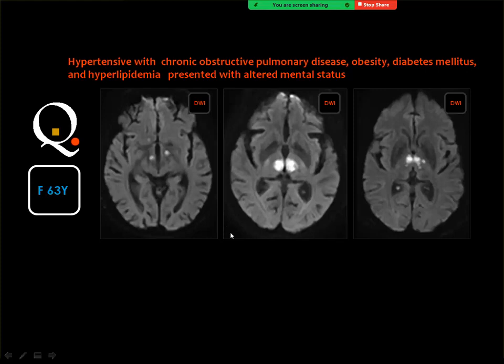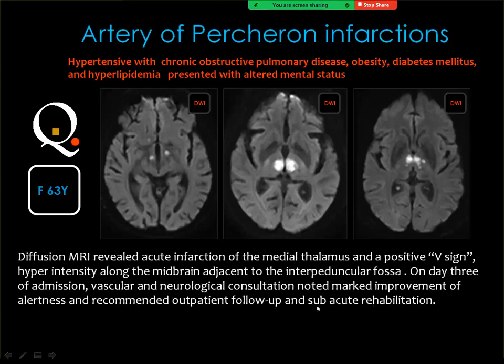Restricted diffusion is seen in acute infarctions and also in inflammatory conditions. And the characteristic location of the lesions on either side of the third ventricle is diagnostic of artery of Percheron infarctions.